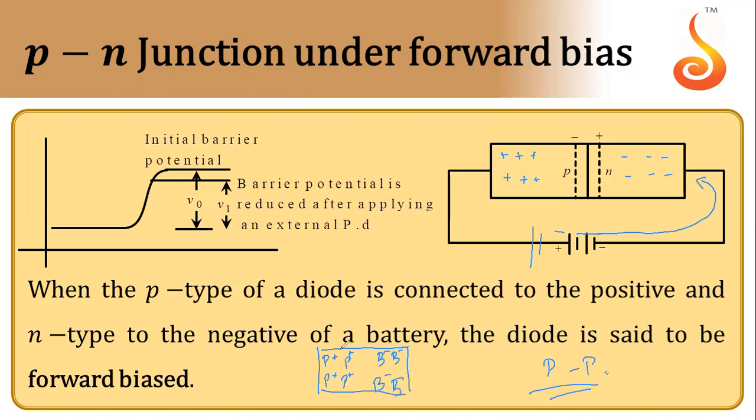Now when the depletion region has decreased, now only these have become neutralized. So fewer ions are exposed, so the electric field will also decrease. When the electric field decreases, this potential difference or barrier potential will also decrease. So this will happen in forward bias.